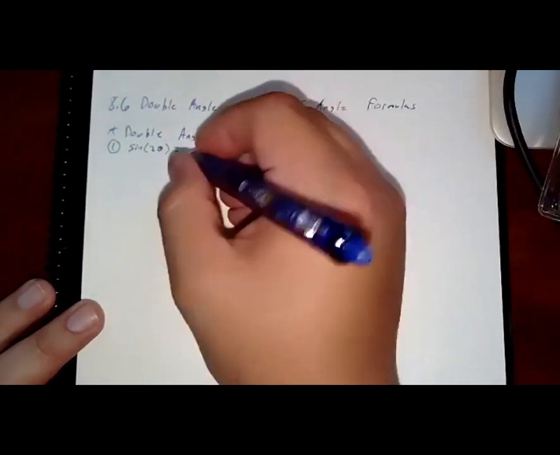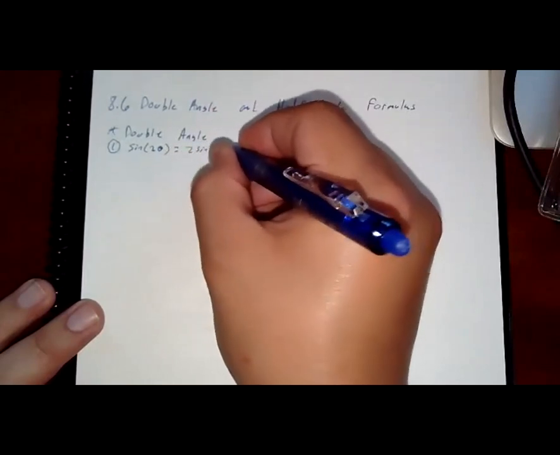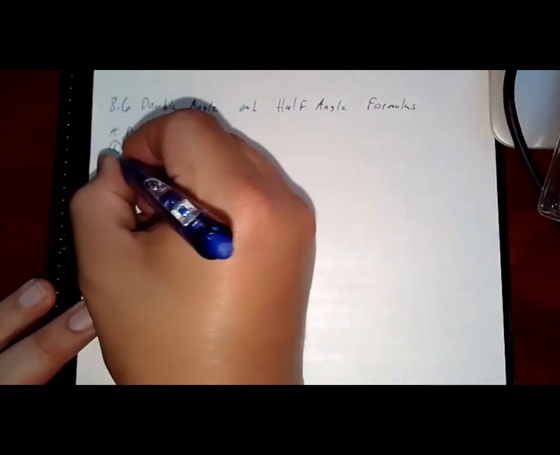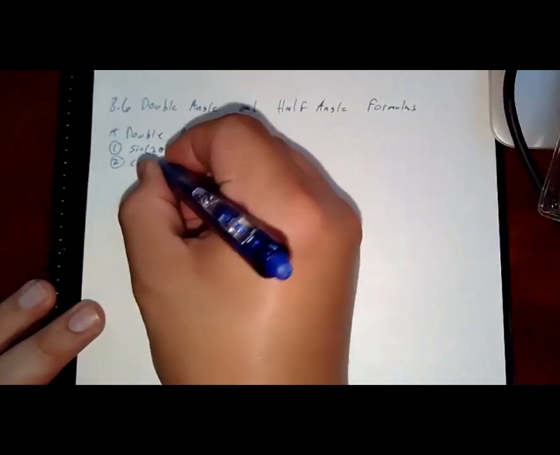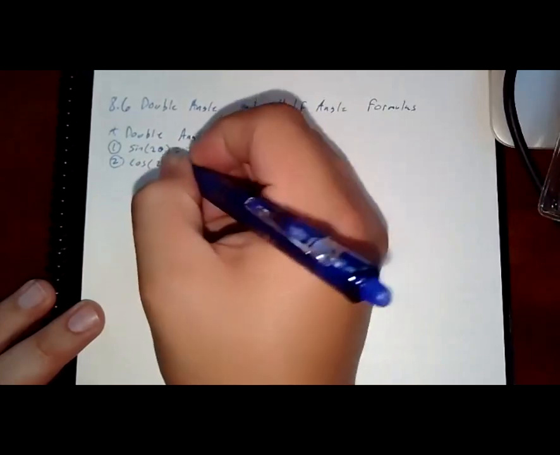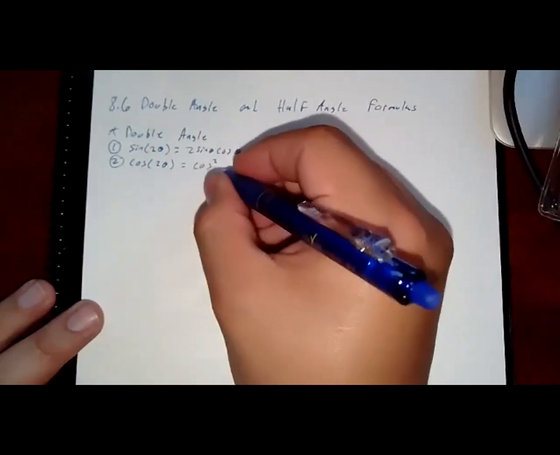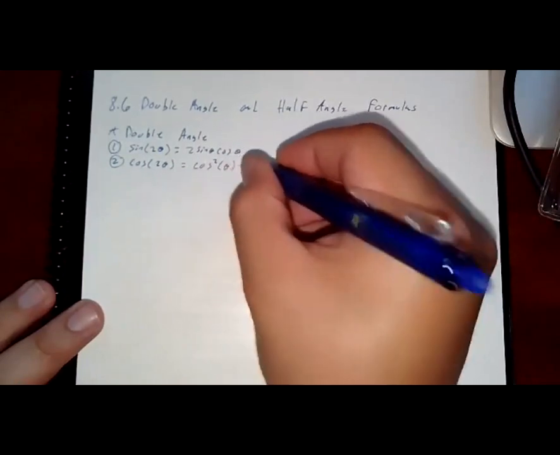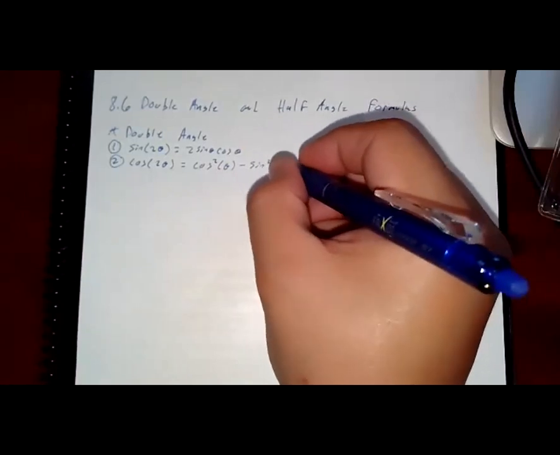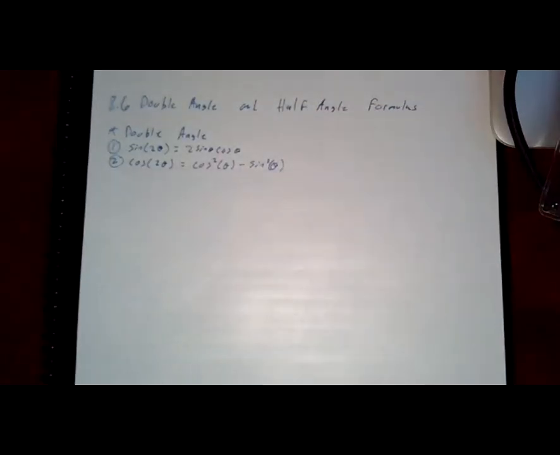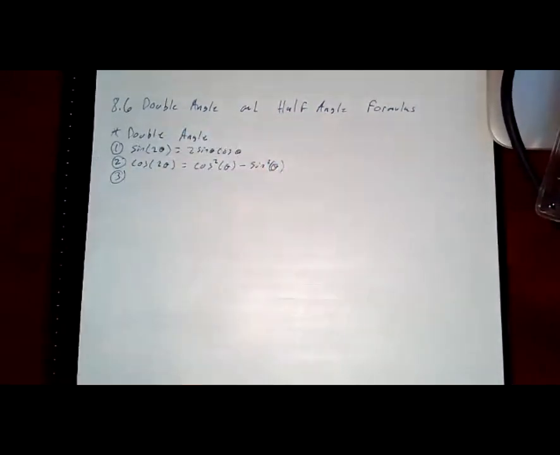All right, so sine 2 theta, the formula is 2 sine theta cosine theta. Number 2, double angle for cosine has 3 forms. It's going to be cosine squared theta minus sine squared theta. What's that first one say?